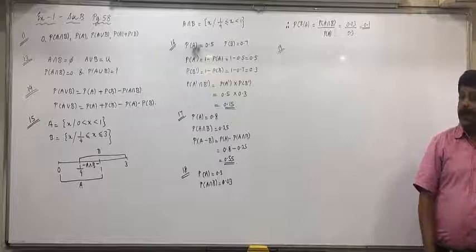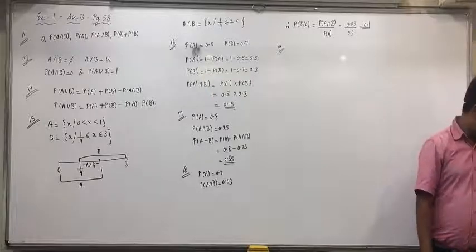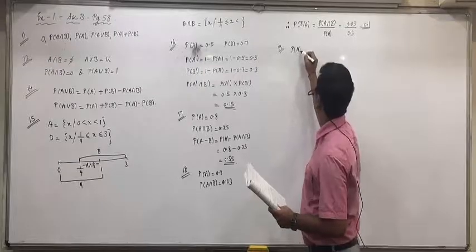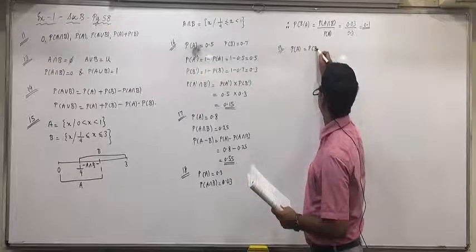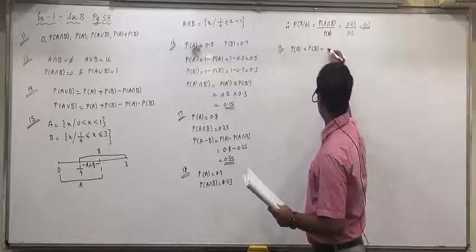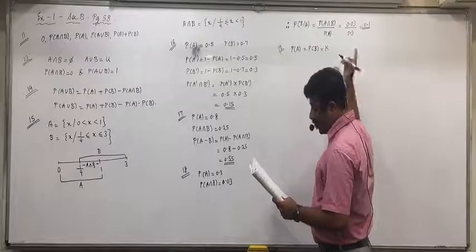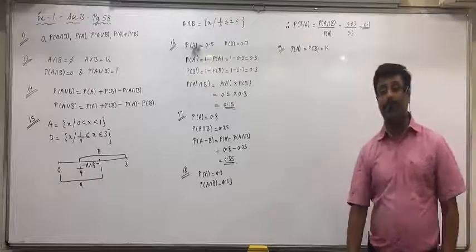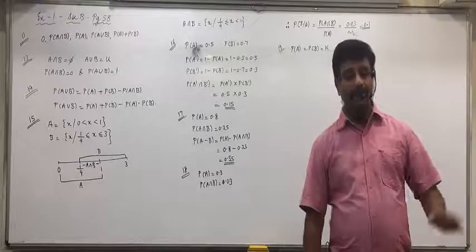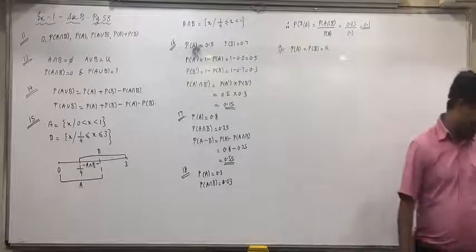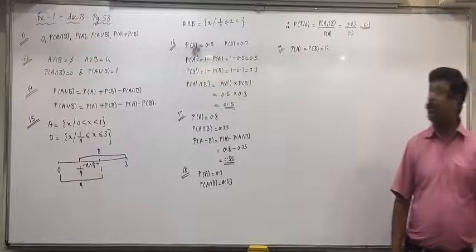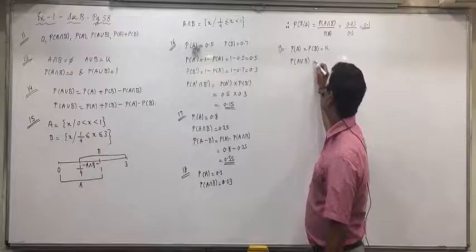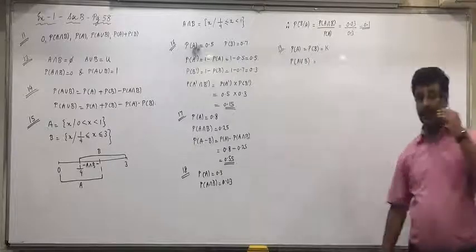Who is writing up till 18 still? Look at 19. If P(A) is equal to P(B) is equal to K for two mutually exclusive events, and mutually exclusive events, what does it mean? A intersection B is null set. For events A and B, then find P(A union B). What formula will you apply if the events are mutually exclusive?